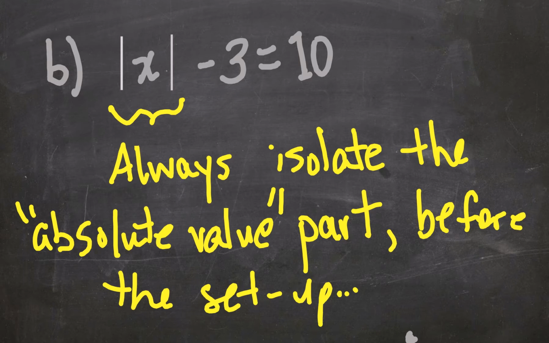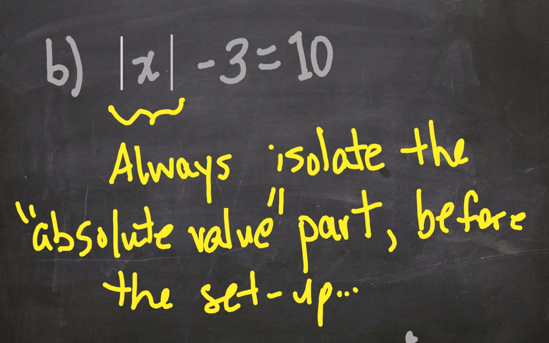You want that set of absolute value symbols to be by itself on one side of the equal sign, and the rest on the other side becomes the number on the other side. If you have a bunch of stuff that's outside of absolute value symbols, you'll spend a step or two getting that stuff away from the outside and onto the other side of the equal sign.